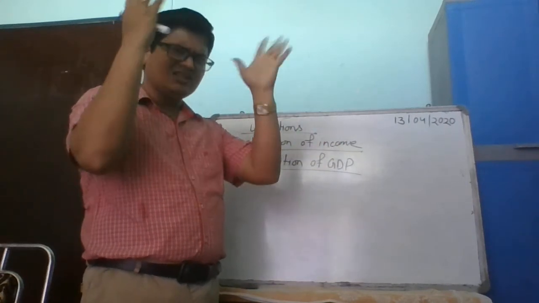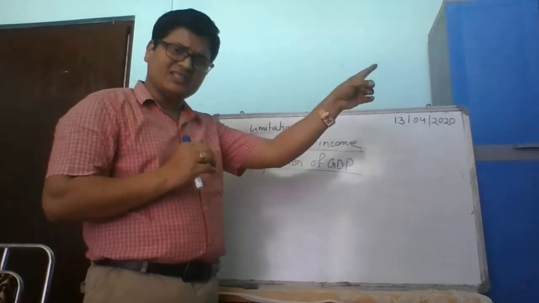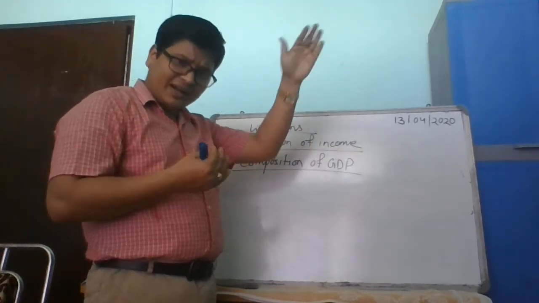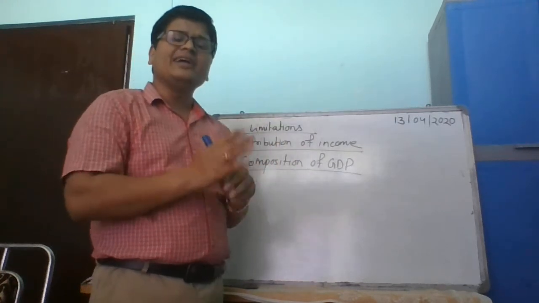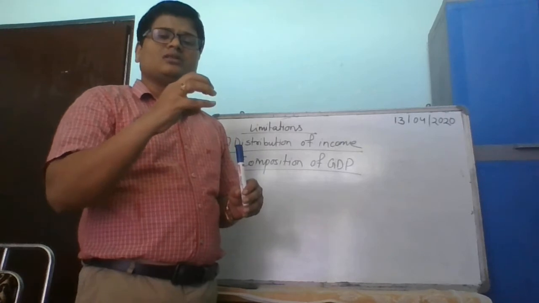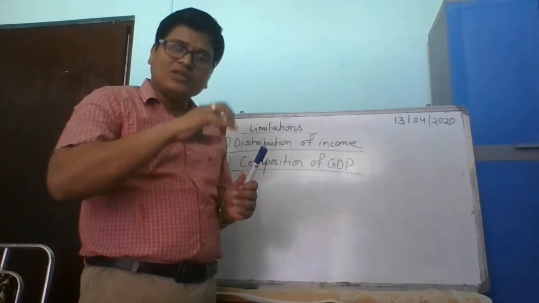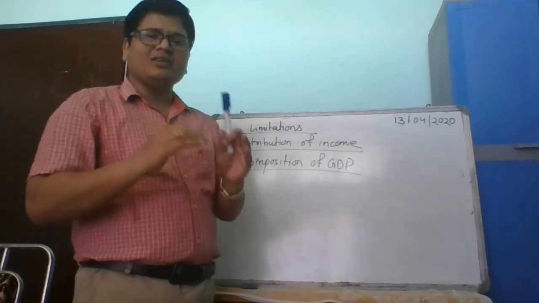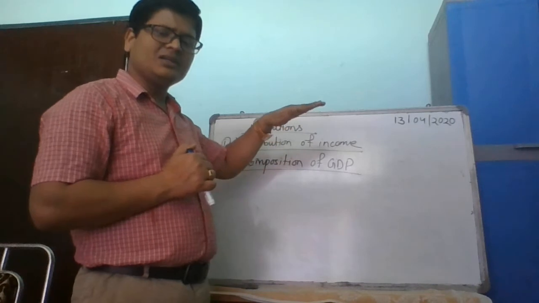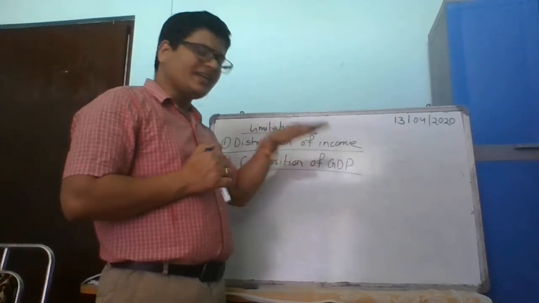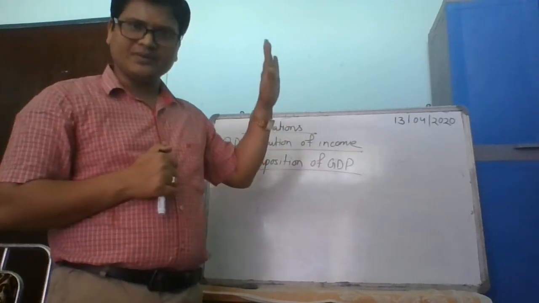But the GDP increases, and due to that increase, every individual's consumption level or utility level, the direct benefit level, does not increase. GDP increases, but that benefit does not reach each individual. That is the composition of GDP.